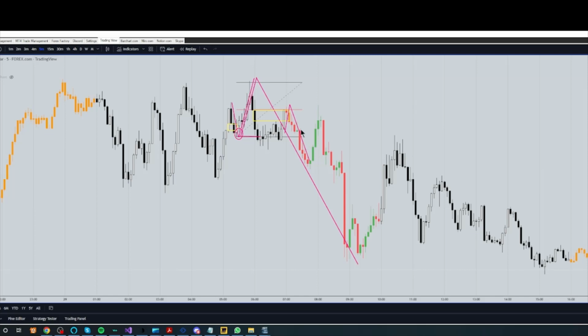Initially we get from this high to this low, there is a market maker buy model there, and we stretch this out. We have a break again in structure.